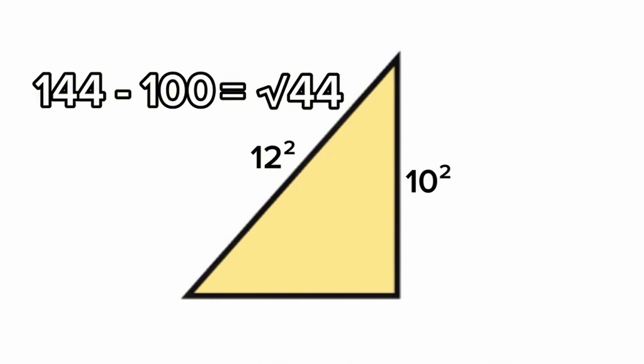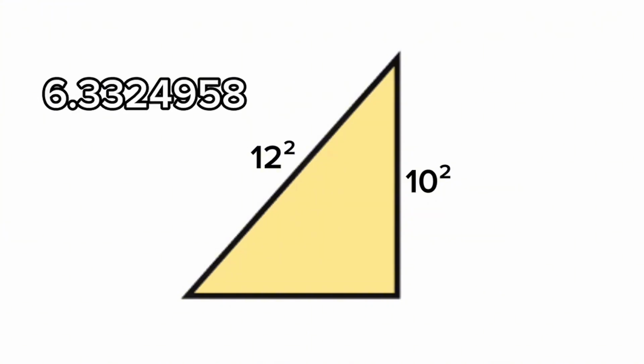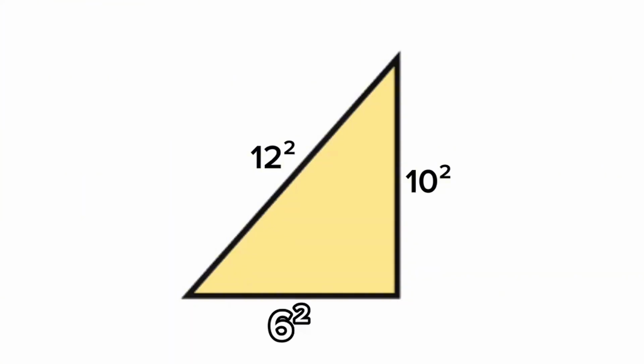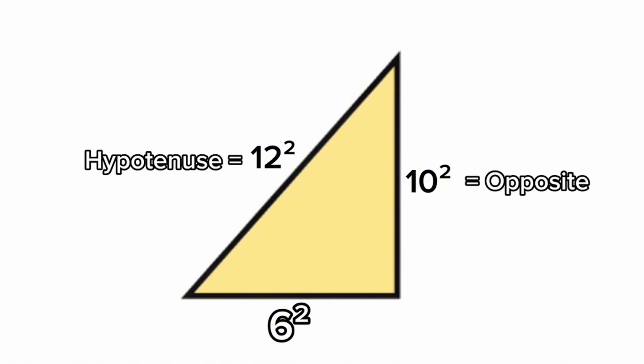The square root of 44 is 6.332495. Now, the 12 squared is the hypotenuse, the 10 squared is the opposite, then the 6 squared is the adjacent.